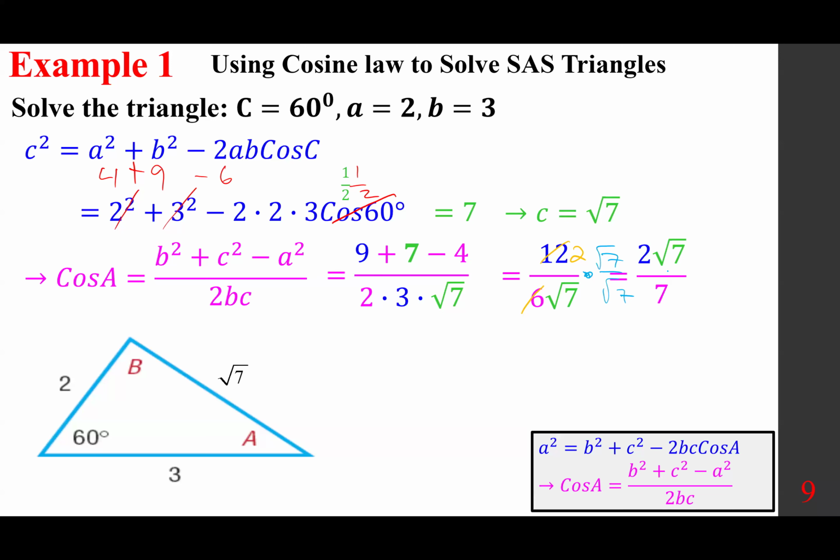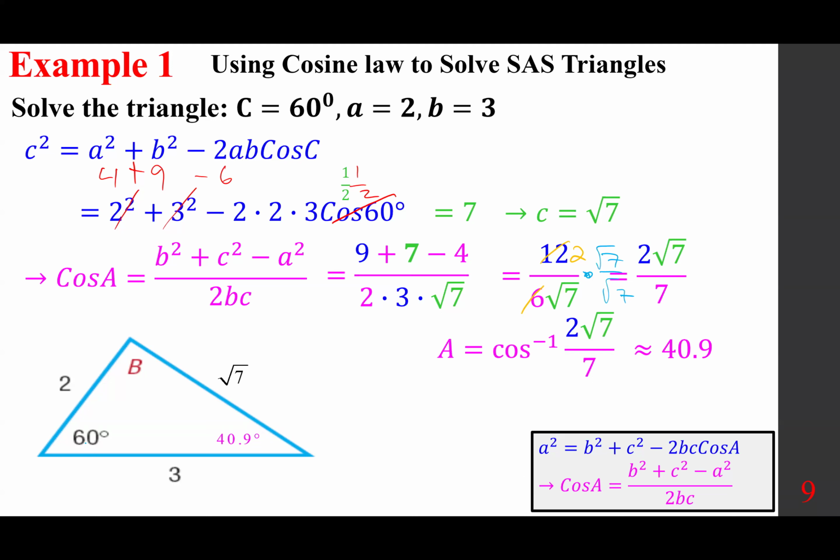But you have to put it into a calculator. So if you don't do it, that's fine, because A is cosine inverse of this. And that's 40.9 degrees. And you replace this with 40.9 degrees.